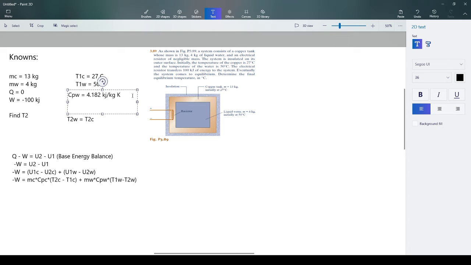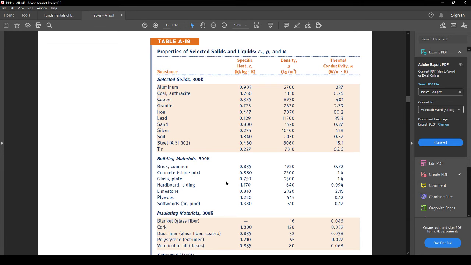All right. And now we have to find the CP of copper, right? Next one over. And let's go back over to the table. So copper is right here. And the specific heat of copper, it does not list it as changing. This is selected solids at 300 Kelvin, so near room temperature, I guess. Actually, room temperature is 293, I think.